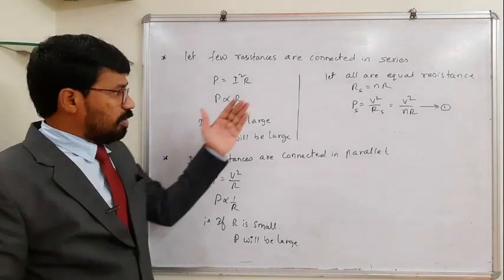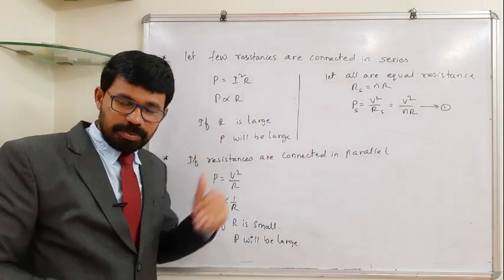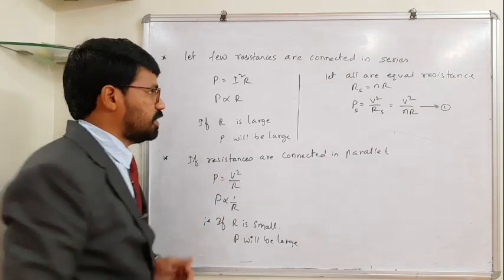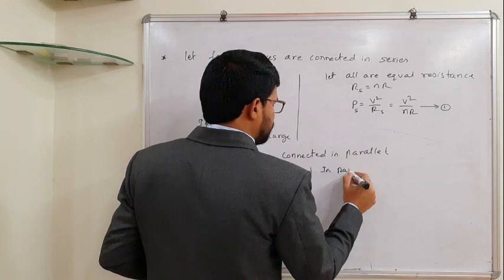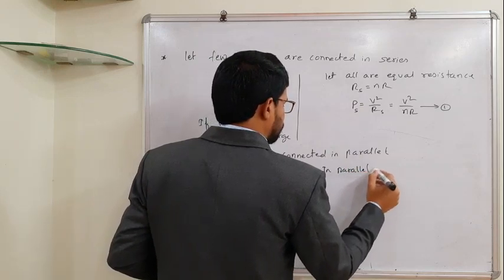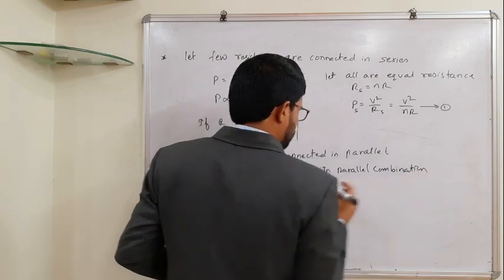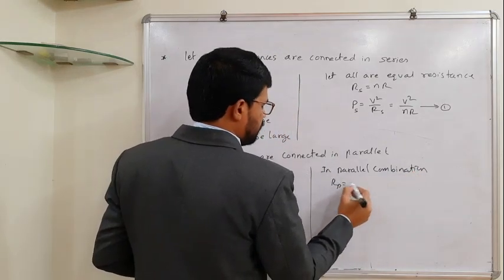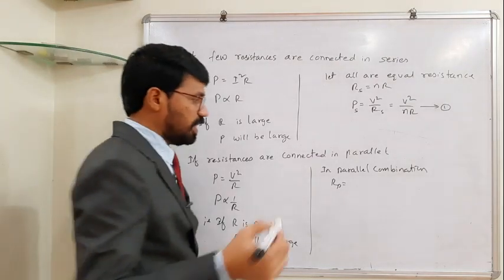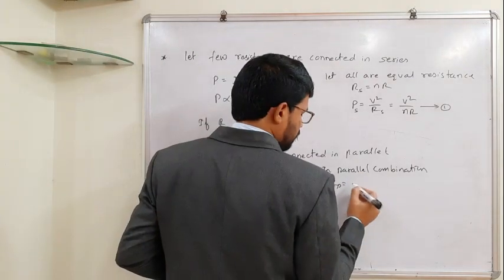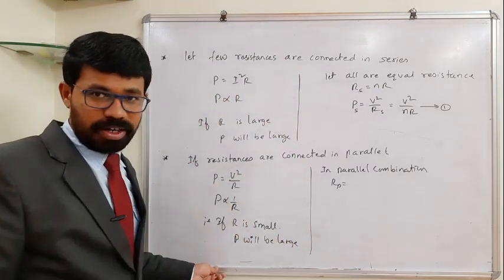Whatever those N resistances are there, if they are connected to the same source in parallel combination, then the effective resistance Rp can be written as 1 by R plus 1 by R plus and so on. We will have N times, right? So N by R is the value of 1 by Rp.